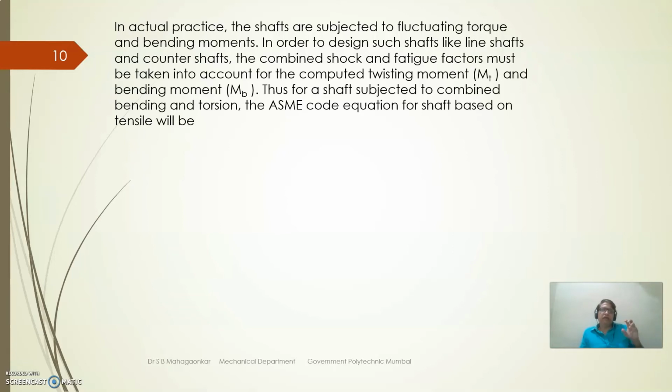KB is the combined shock and fatigue factor for bending, and KT is the combined shock and fatigue factor for the torque. Generally these values are more than 1. As per the ASME code equation, we have to multiply with the load.